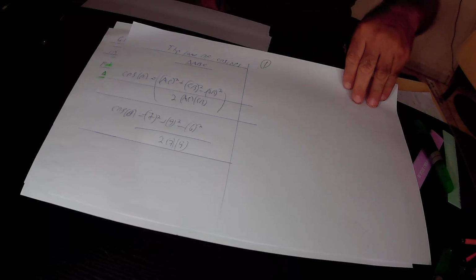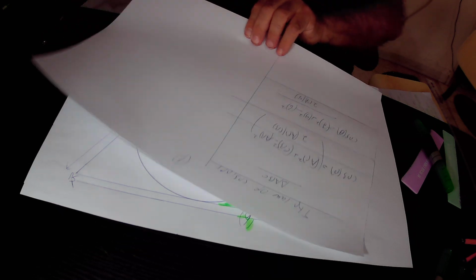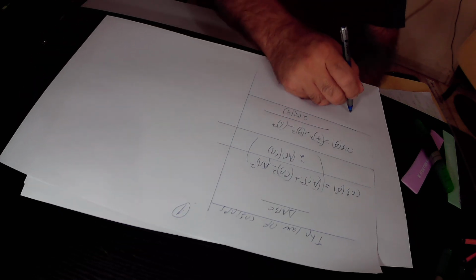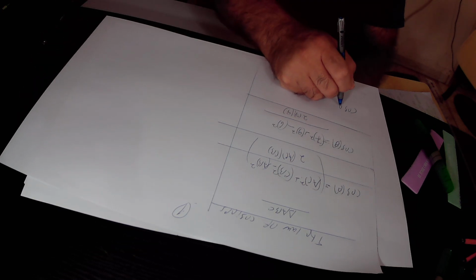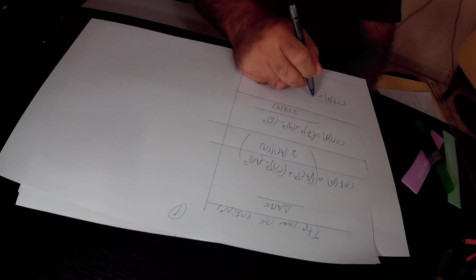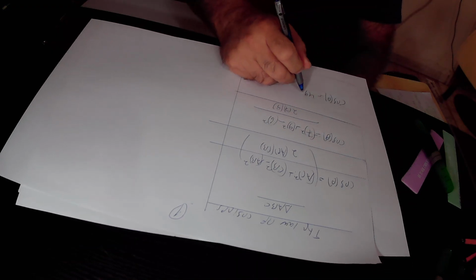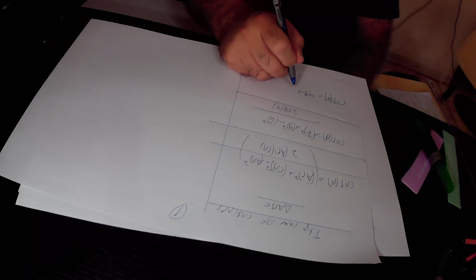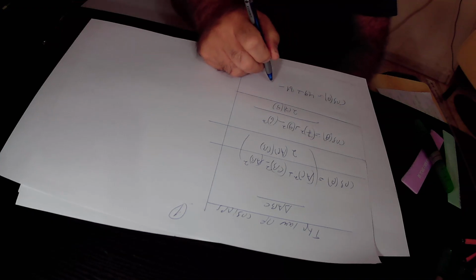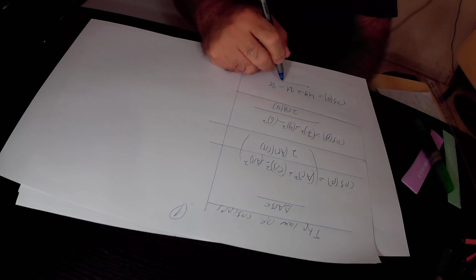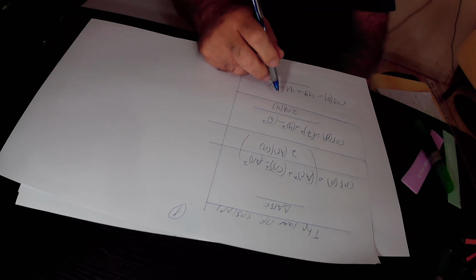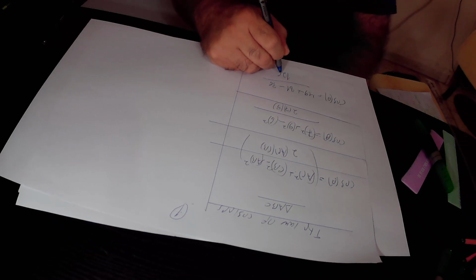So cosine theta equals 7 squared, which is 49, plus 9 squared, which is 81, minus 6 squared, which is 36, over 2 times 7 times 9. 7 times 9 is 63, and 63 times 2 is 126.